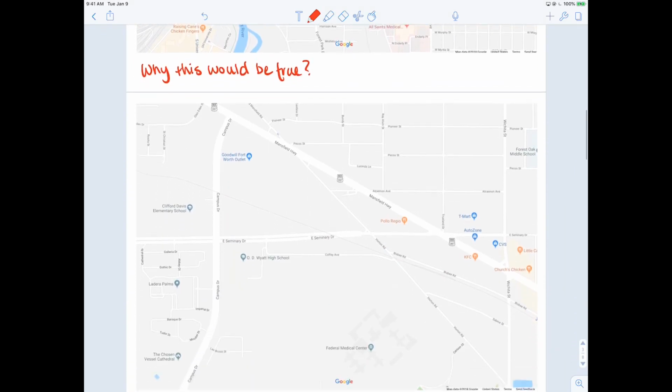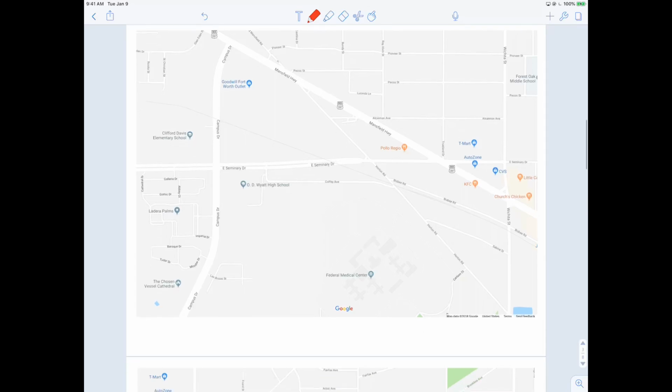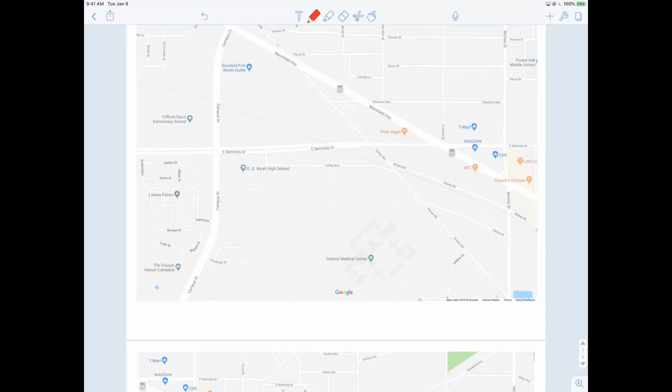If you move on to the next map, this is where we are, right? And we could lay part of this on a coordinate plane. If you zoom in to the neighborhood around O.D. Wyatt, and in lots of parts of any big city, any small city, if you fly over the cities, you can see the plots of cropped land, farms.